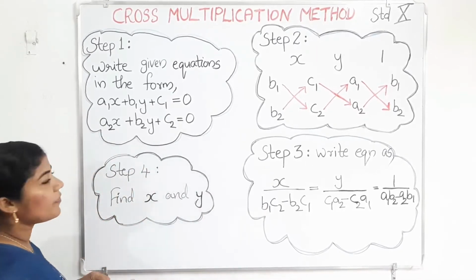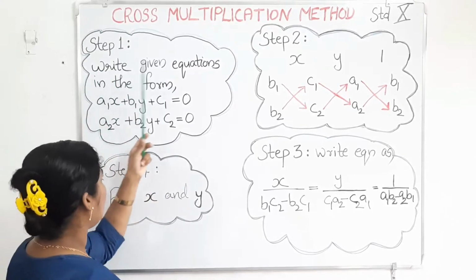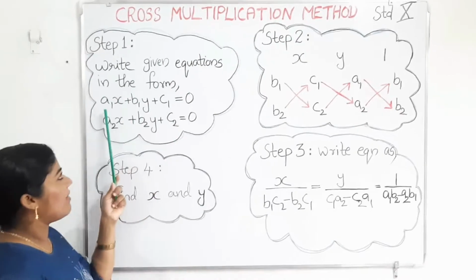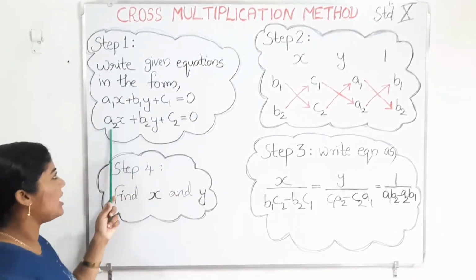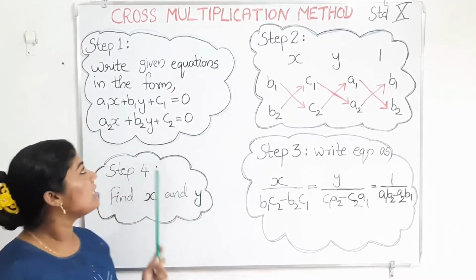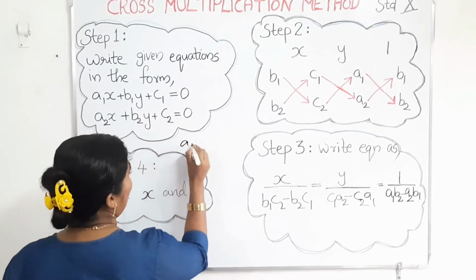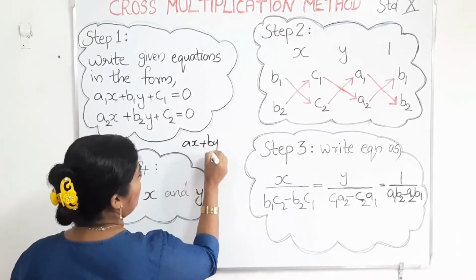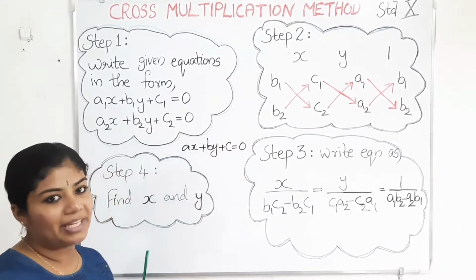First of all, write your equations in the form a1x + b1y + c1 = 0 and a2x + b2y + c2 = 0. We know this is the standard form. ax + by + c = 0 is the standard form of a linear equation.